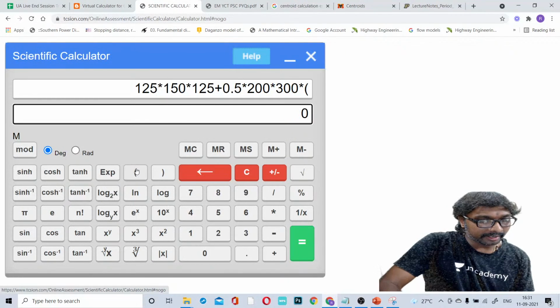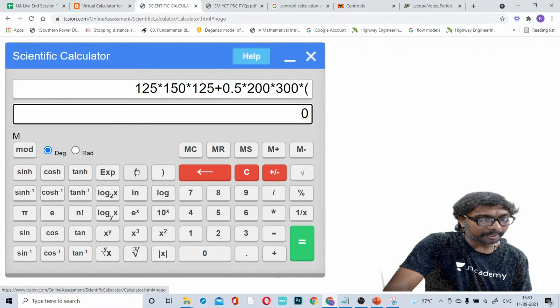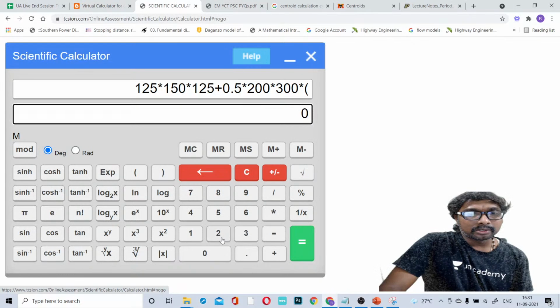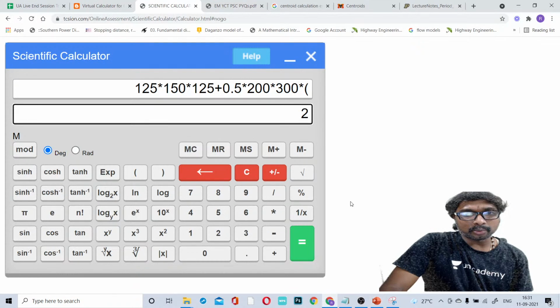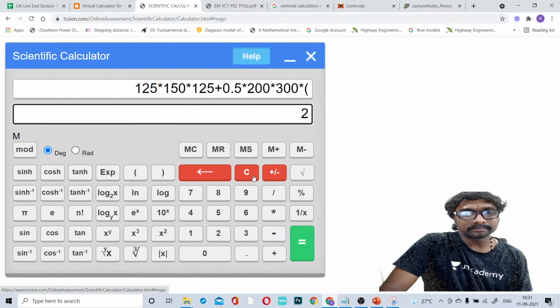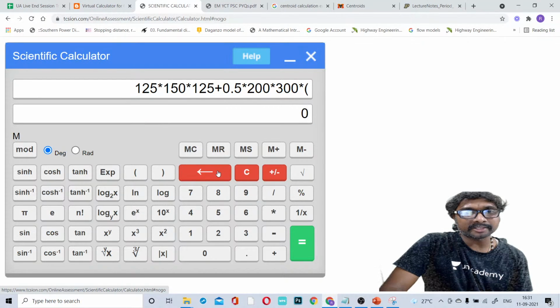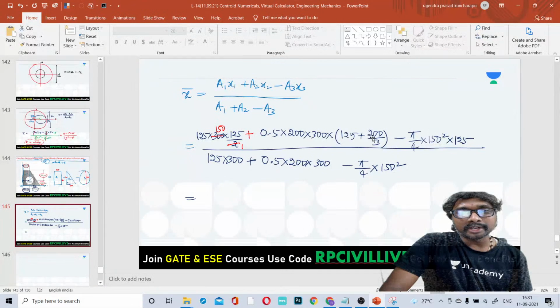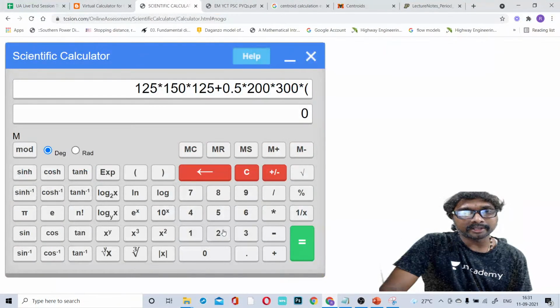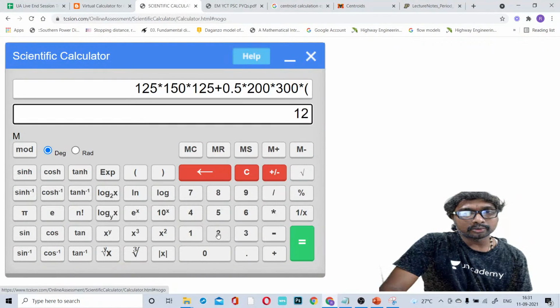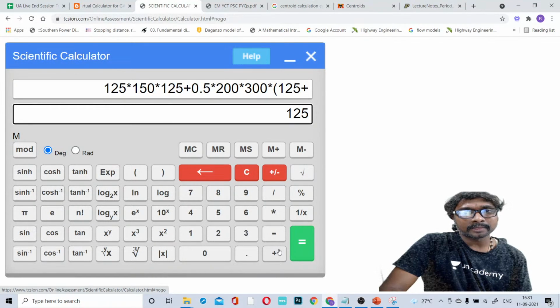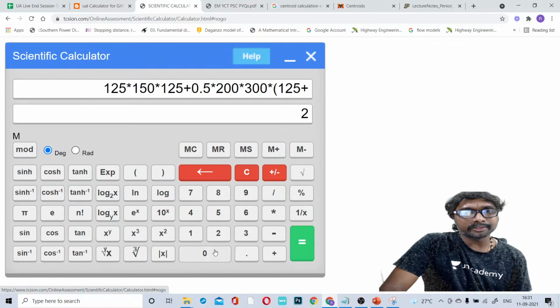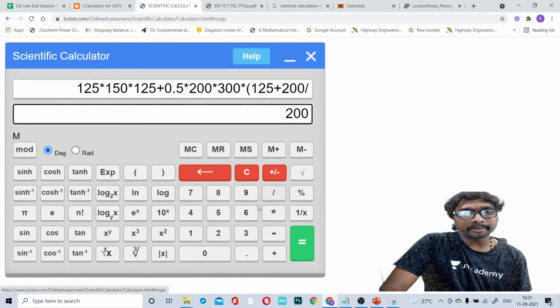Open a bracket, 125 plus 200 divided by 3, then close the bracket.